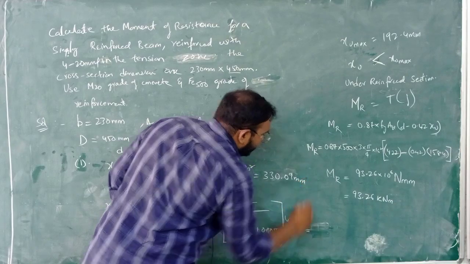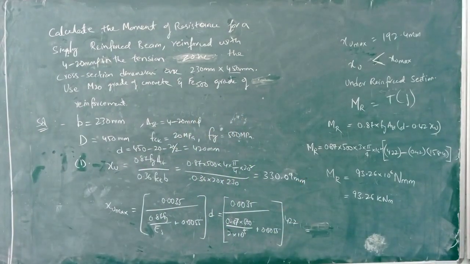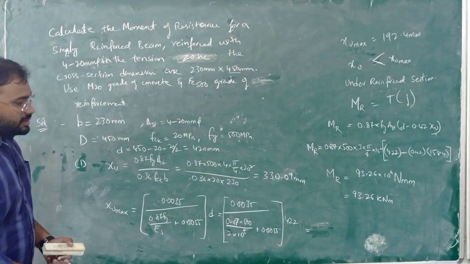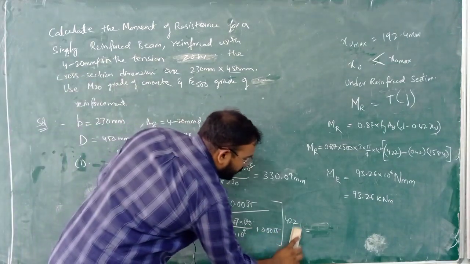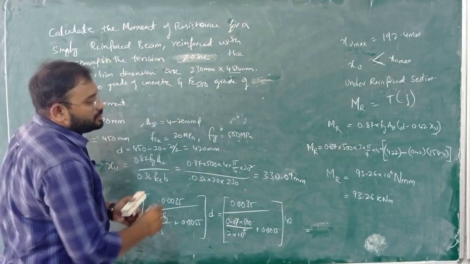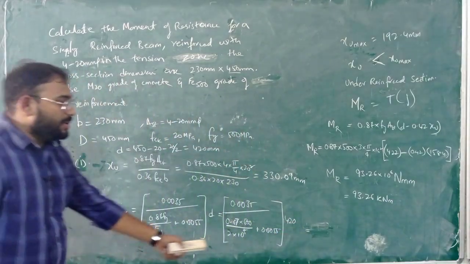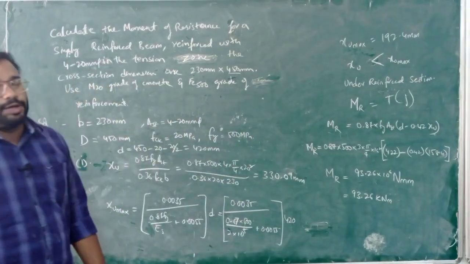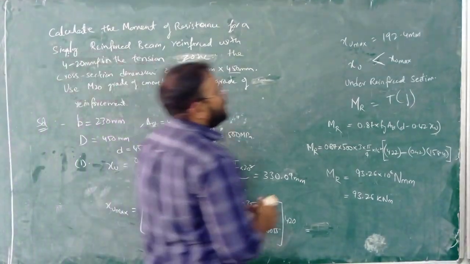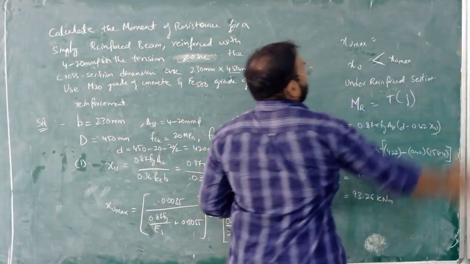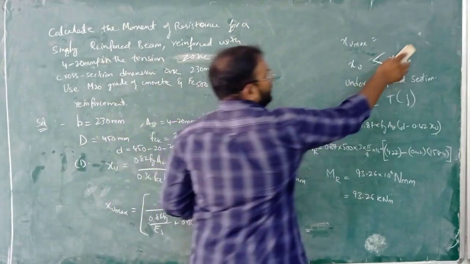See here, what changes here? First, small d will change. It will not be 16 by 2, it will be 20 by 2. Ast is now 4 bars of 20 mm diameter. Here you have 20 by 2, so this will be 420 mm.